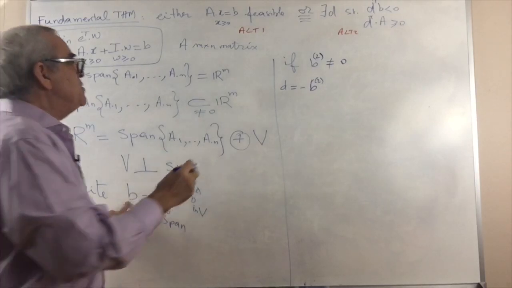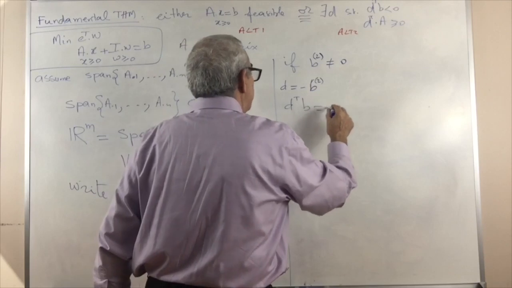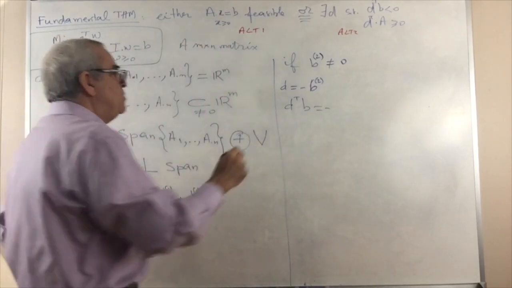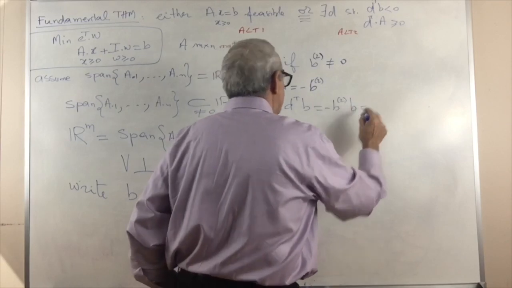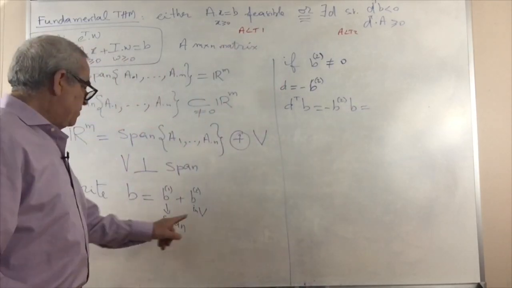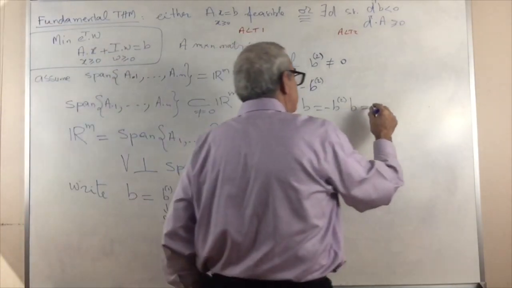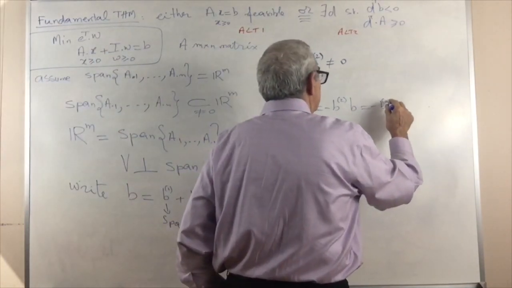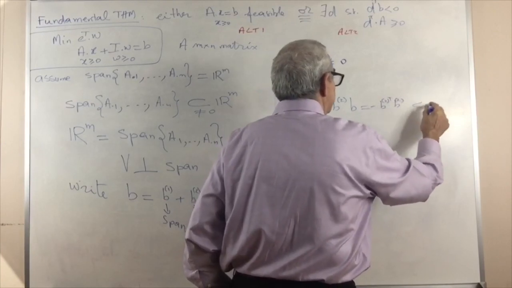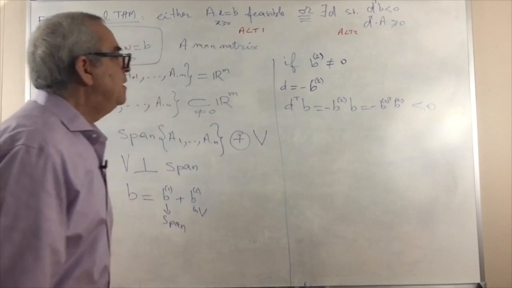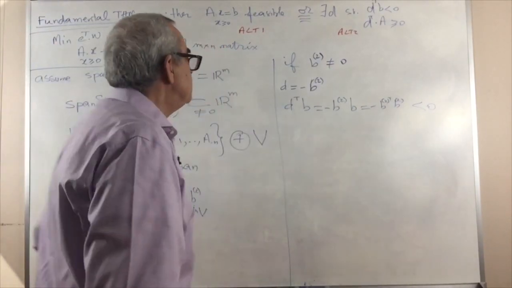Because if I do D transpose B, that's minus B2 transpose B, which is equal to, since B2 is perpendicular to B1, so that's 0, just minus B2 transpose B2, which is strictly negative. Because B2 is non-zero, so this number is strictly negative.